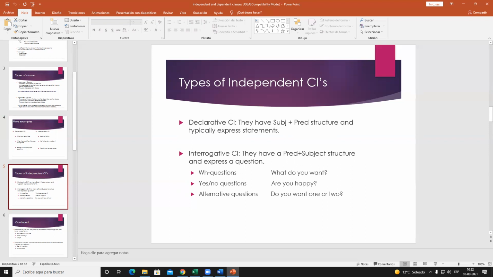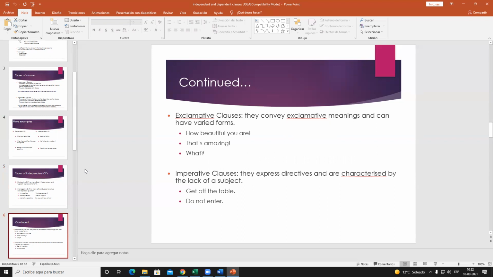Nothing interesting. Independent clauses can be exclamative clauses. Nothing new. Imperative clauses. An imperative clause is different because imperatives are orders, right? Like jump, stand up, get off the table, do not enter.